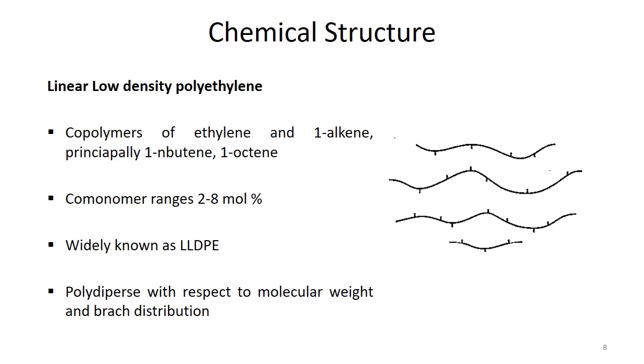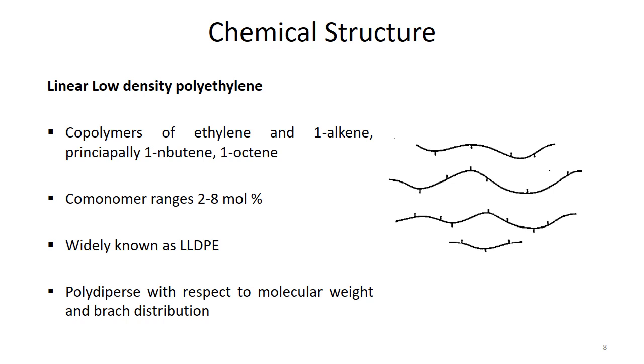Comonomer level ranges from approximately 2 to 8 mole percent. This family of polyethylene is widely known as LLDPE, and these are polydisperse with respect to molecular weight and branch distribution.